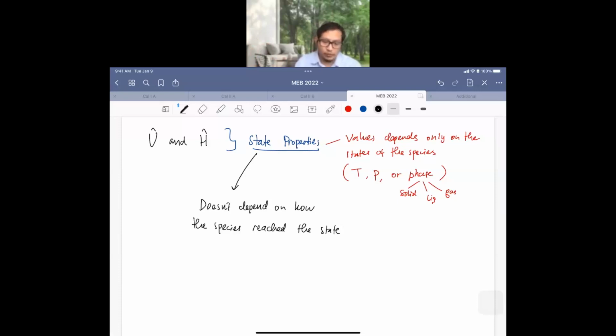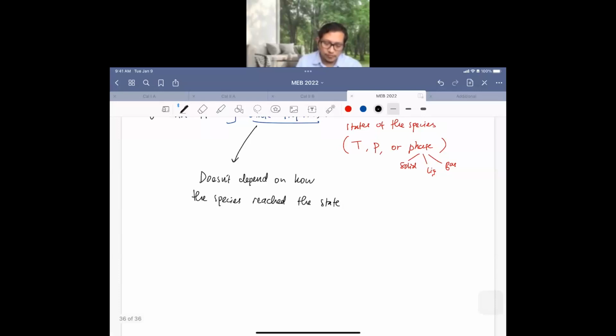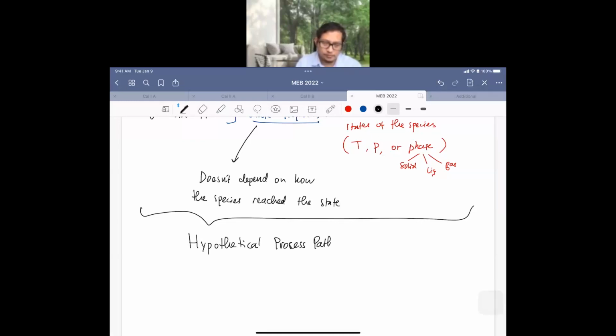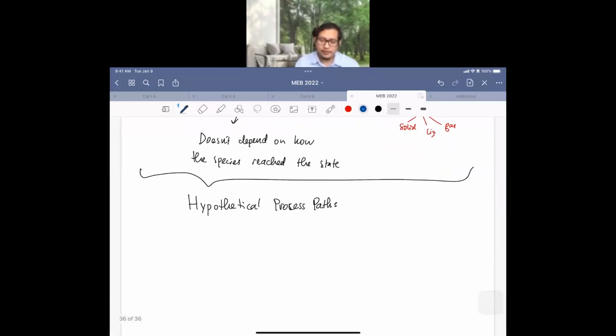Okay, and to visualize this, we need to take this into our hypothetical process path. For example, you may have some steps or some path.